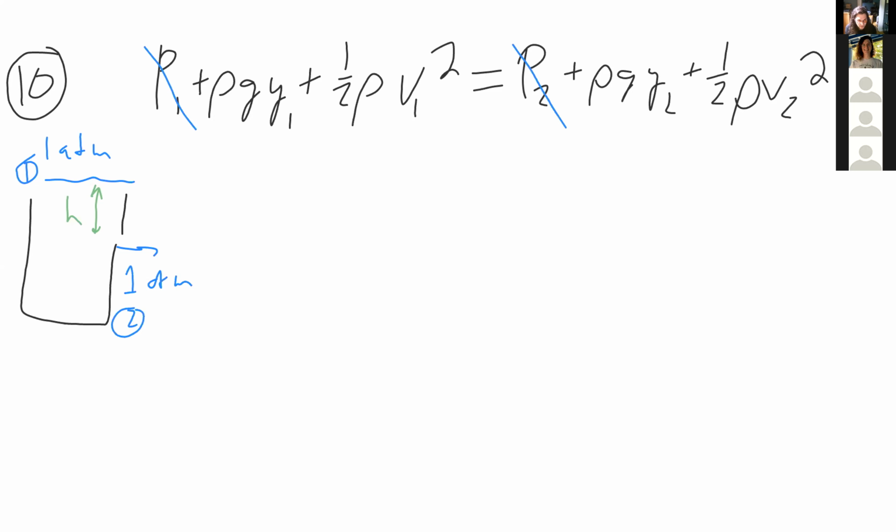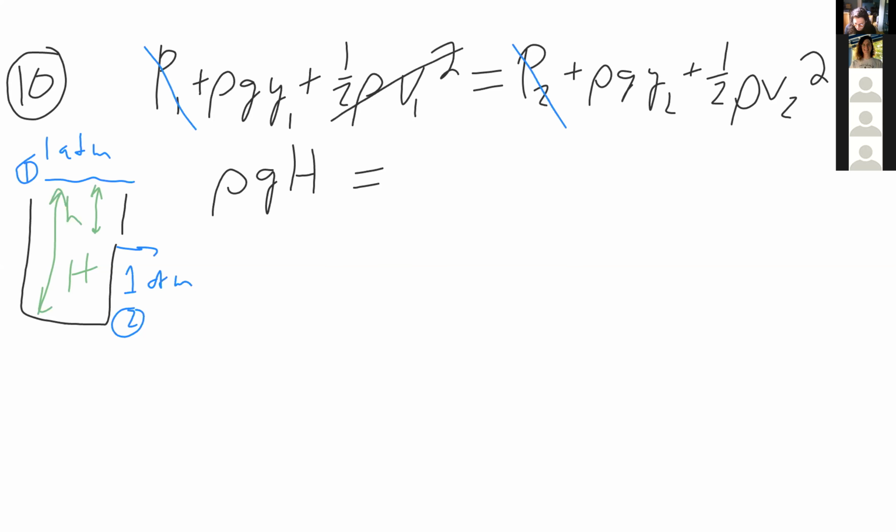Up at 1, we are up at a height of big H. Let me use the same color. It tells us that the water height is big H. The hole height is little h. So we could replace our y1 with rho g big H. And there's not going to be any velocity up there, so this term will go away because that v1 is 0.